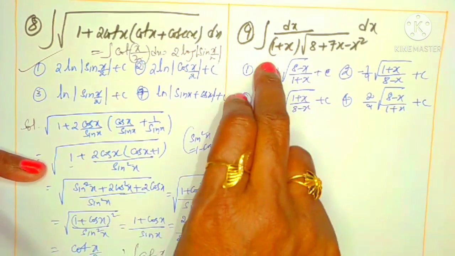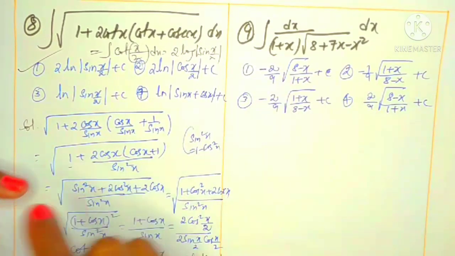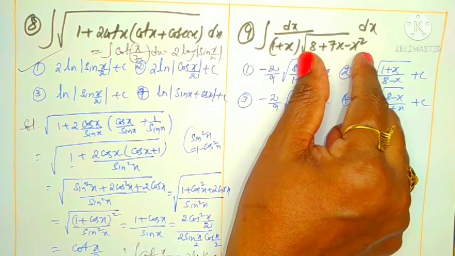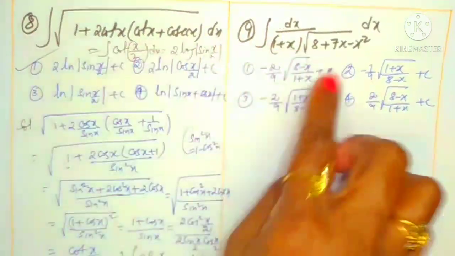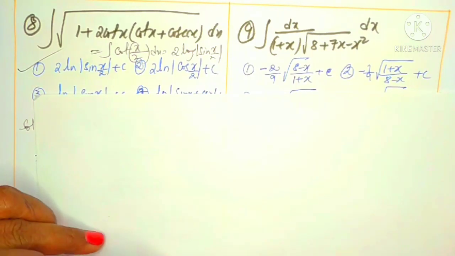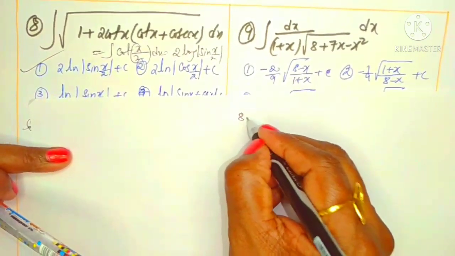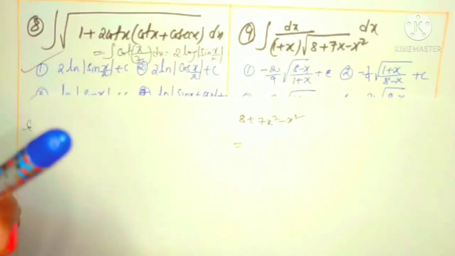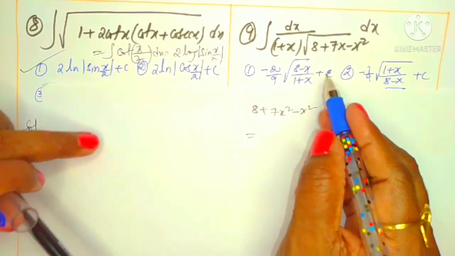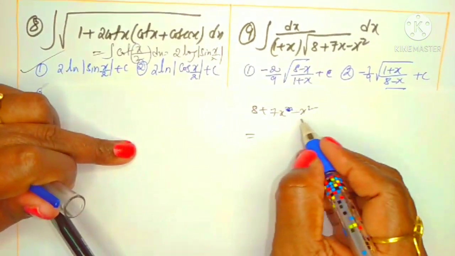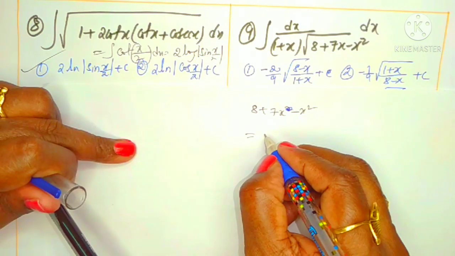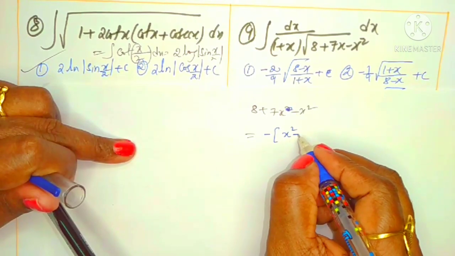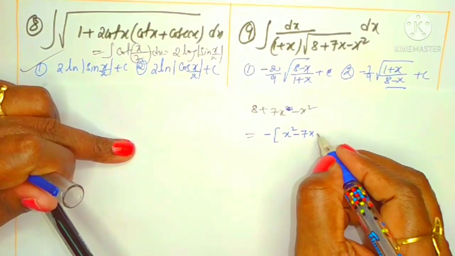9. What is it asking? Dx by 1 plus x of root over 8 plus 7x square minus x square. We can take the factorization of this; I am doing the rough work. What is the factorization of 8 plus 7x minus x square? First we can take minus common: minus x square becomes plus x square, plus 7x becomes minus 7x, plus 8 becomes minus 8.